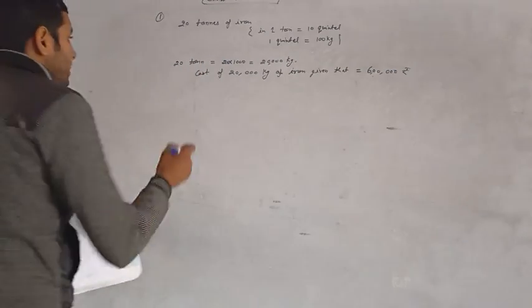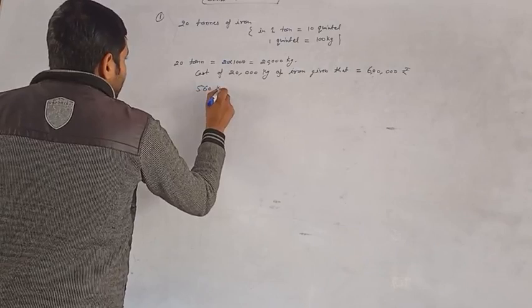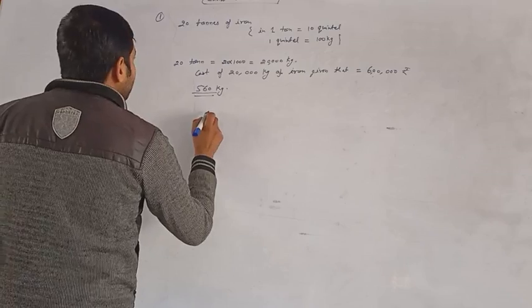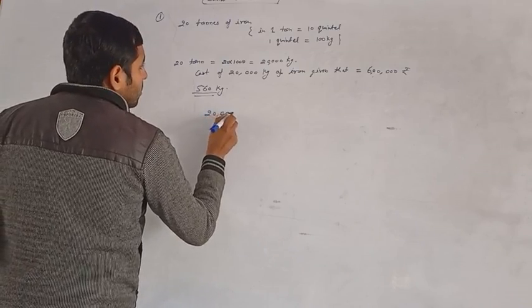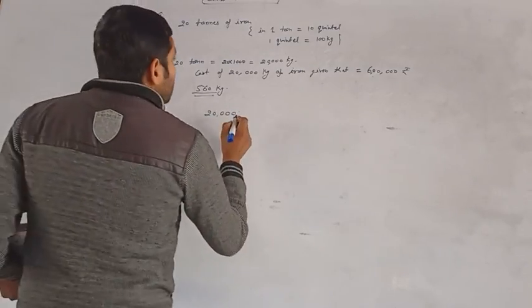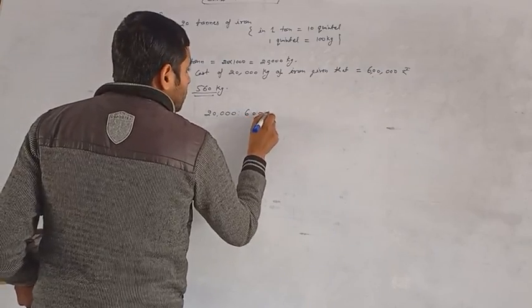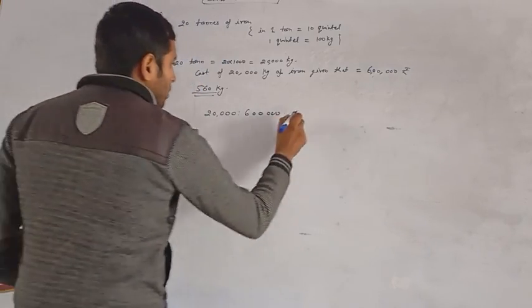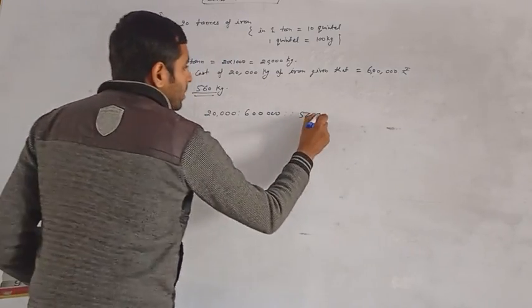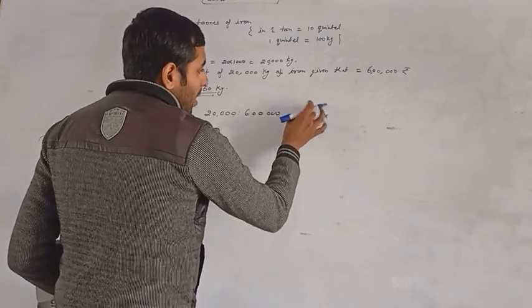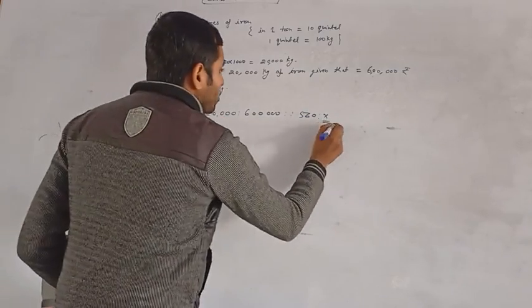We have to find the cost of 560 kilogram of iron. So we get 20,000 ratio 6 lakhs proportion 560 kilogram ratio x. Now we suppose that the value of 560 kilogram of iron is equal to x rupees.